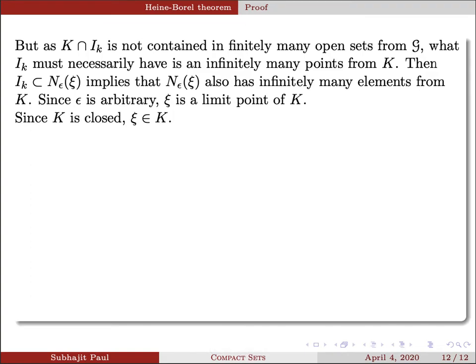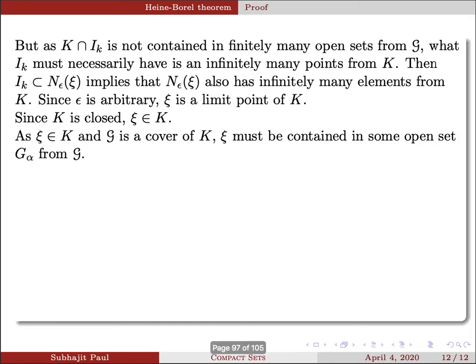Since K is closed, this guarantees that xi is a limit point, so xi belongs to K. Next, as xi belongs to K, xi must have some open set from the family script G to be covered by, so xi must be contained in some open set G alpha from the collection script G.